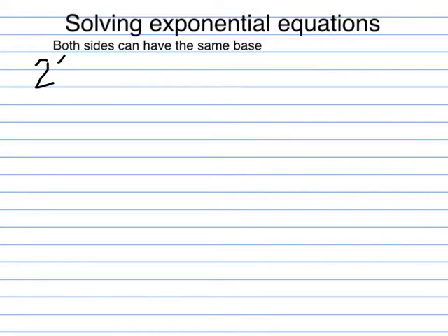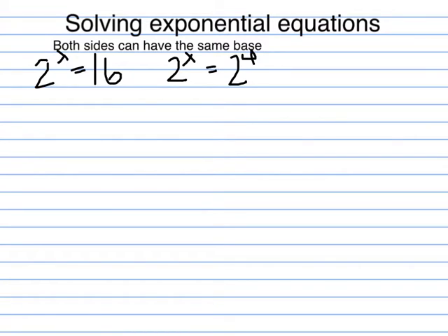So if I have here 2 to the x equals 16, the base on that would be 2. Look and see on these: can I have 16 be written as the same base of 2 using exponents? So we would go 2 to the x equals 2 to the 4th.